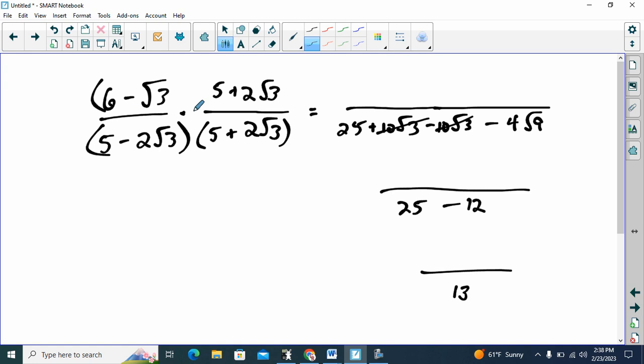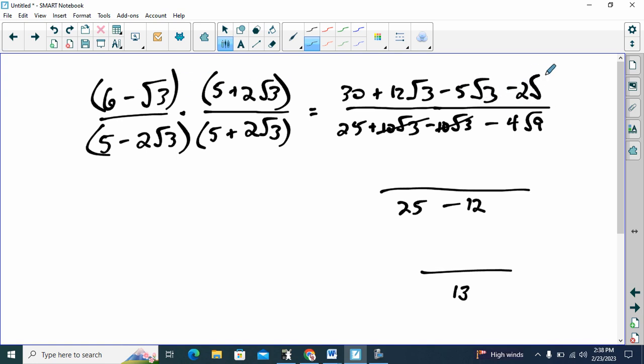We get to FOIL in the numerator as well. 6 times 5, 6 times 2 root 3, negative root 3 times 5, negative 2 root 9. So I've got 30.